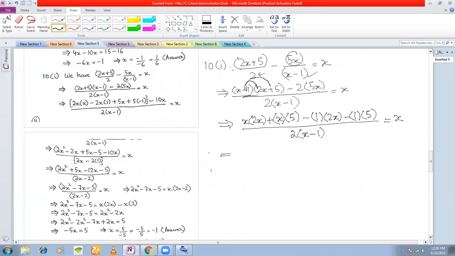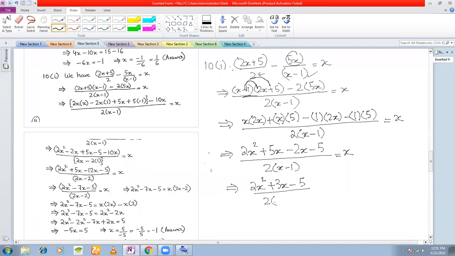Now you simplify the numerator. You get (2x² + 5x − 2x − 5)/(2(x − 1)) = x. Further simplification: 2x² + 5x − 2x will give you 3x, so (2x² + 3x − 5)/(2(x − 1)) = x. You can insert brackets once you have simplified everything.